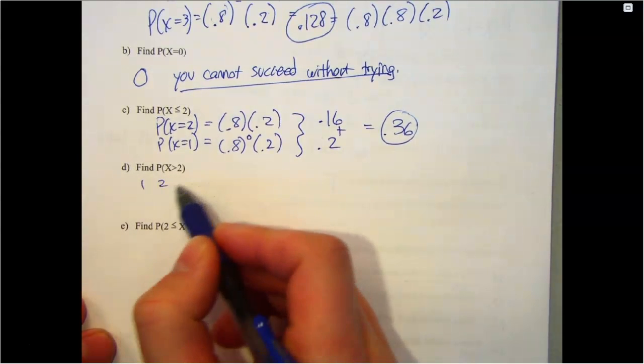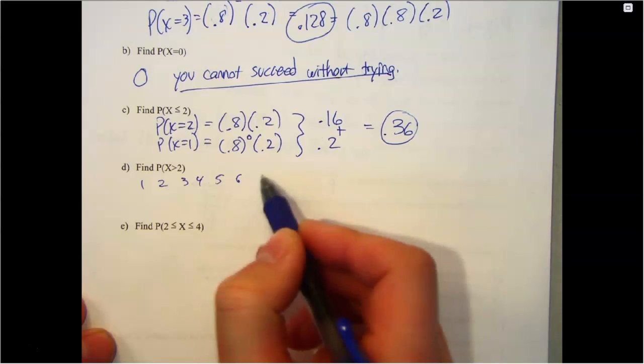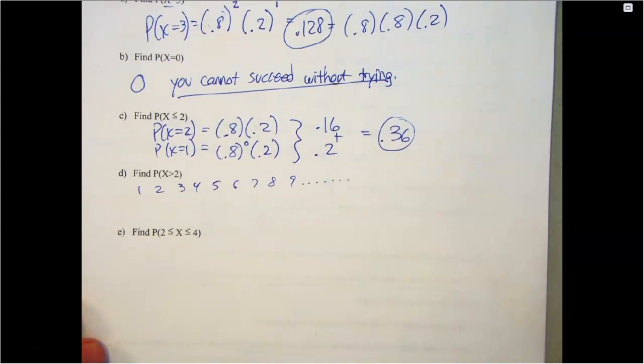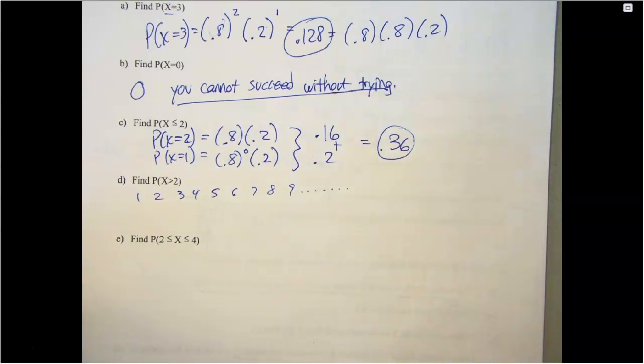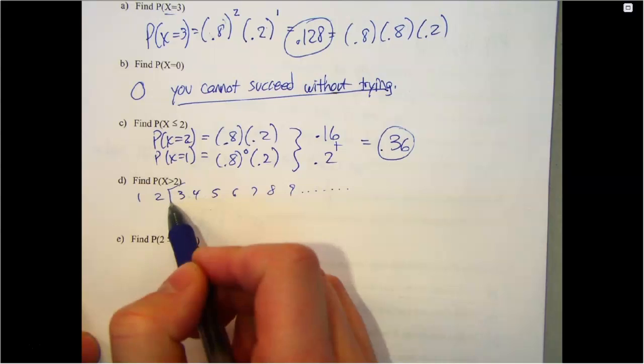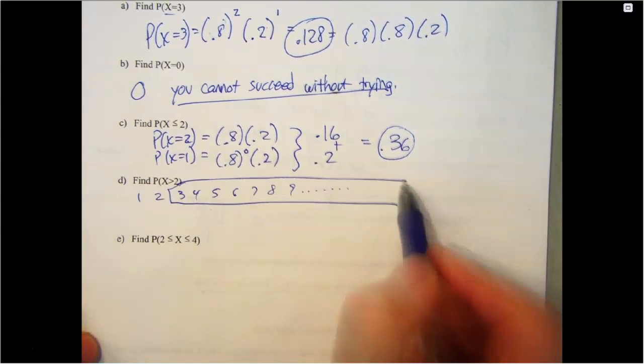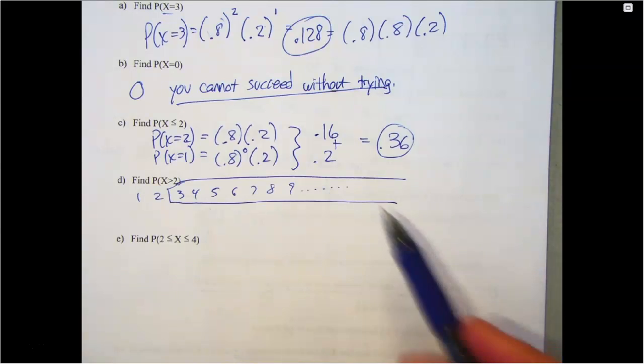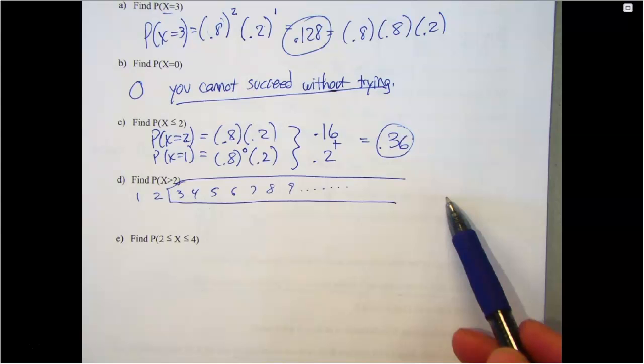Probability x is greater than 2. So my possibilities are 1, 2, 3, 4, 5, 6, 7. It actually goes on forever. Like it's possible my first success doesn't come until the 100th try. So greater than 2 is I'm looking for all of these. And it's actually impossible to add them all up. By the time you get over here, the numbers are so small it won't matter.